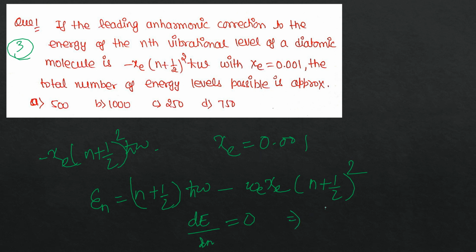So if I take the derivative, it will be ħω minus 2χ (n plus half) ħω is equal to 0, isn't it?